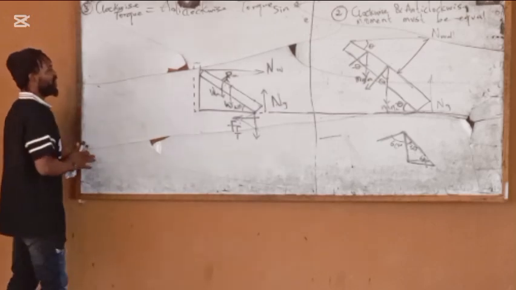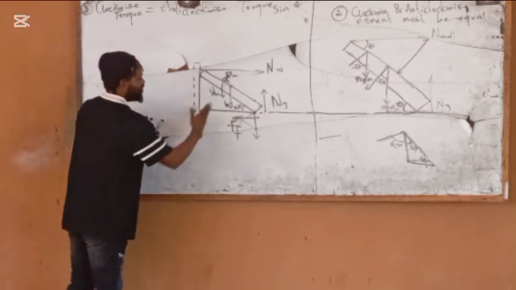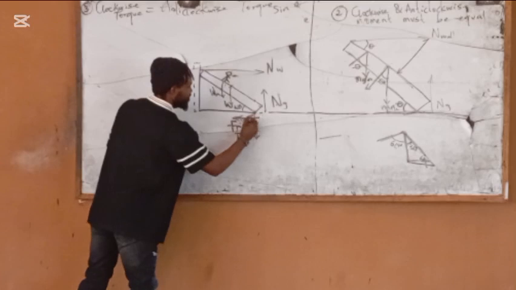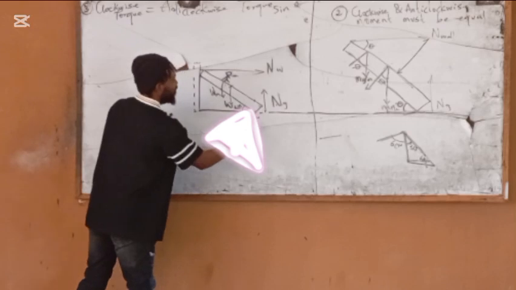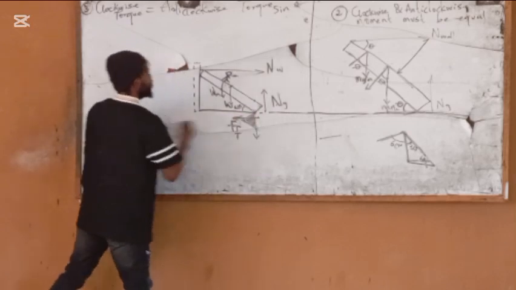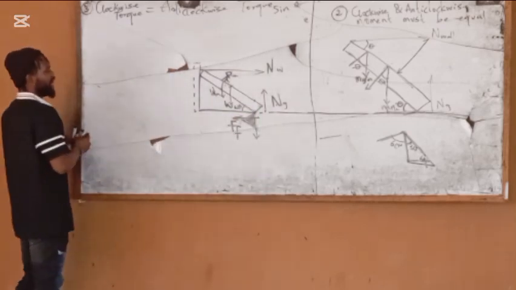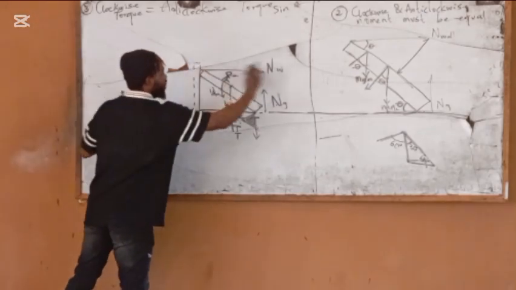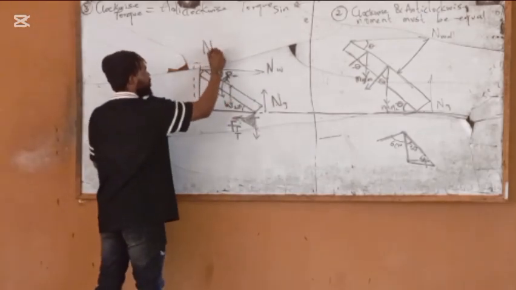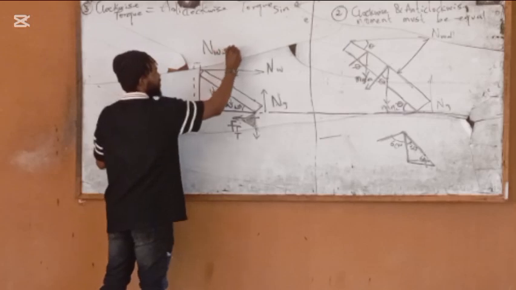Alright, so using these same concepts now, let's direct all our forces to this side. Please, I want us to be checking now. NW, since it's on the x-axis, is going to be NW sine theta.